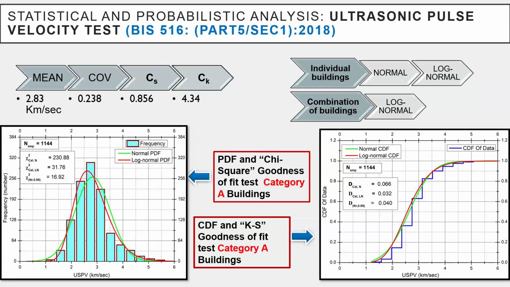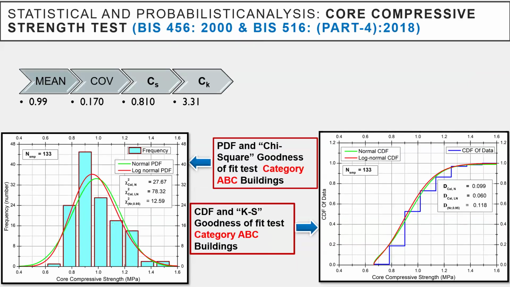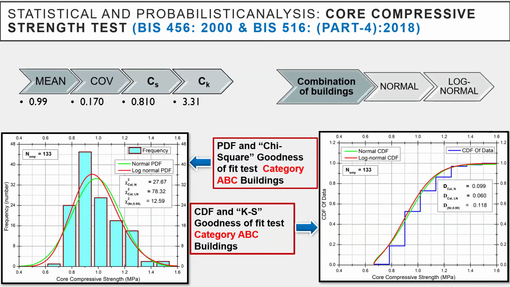Both the KS test and chi-square test have revealed that for individual buildings, USPV follows both normal and log normal probability distribution, and for the combination of buildings, it follows log normal distribution. A similar exercise was carried out for core compressive strength.